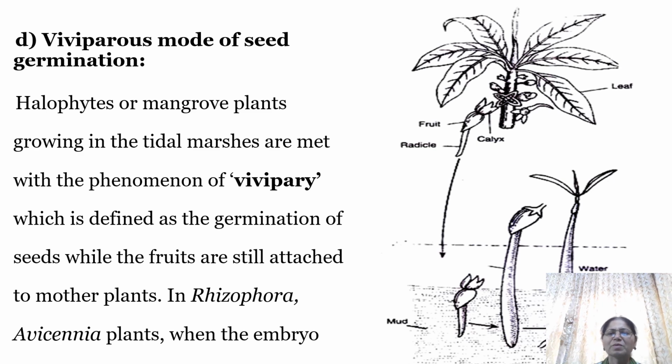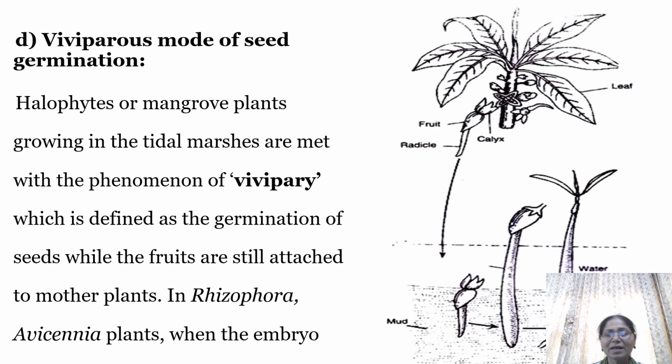This germination of the seed while it is still attached to the parent plant is called vivipary. This is very important for the halophytes, where the soil contains a high concentration of salt, because the soil is not fit for seed germination.